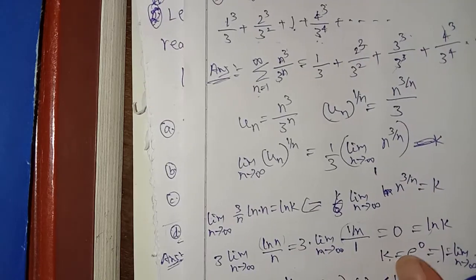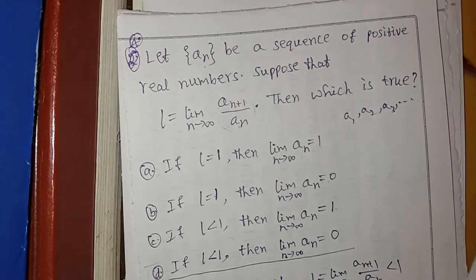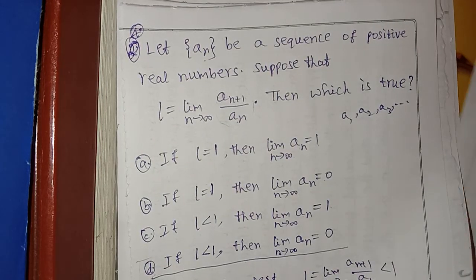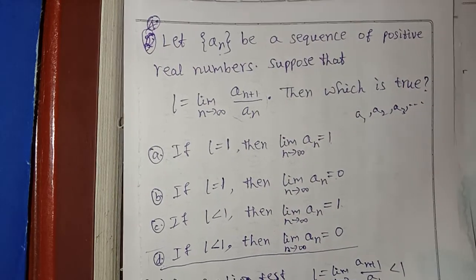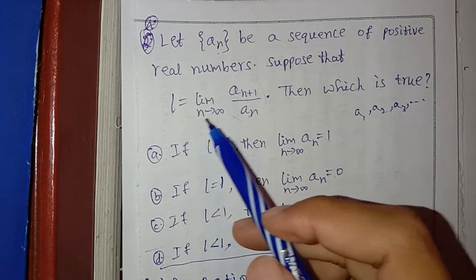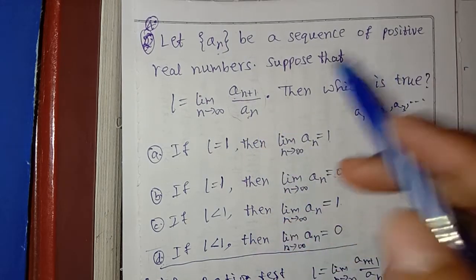Now, fourth problem is: let an be a sequence of positive real numbers. Suppose that L is equal to limit n tends to infinity an plus 1 divided by an.